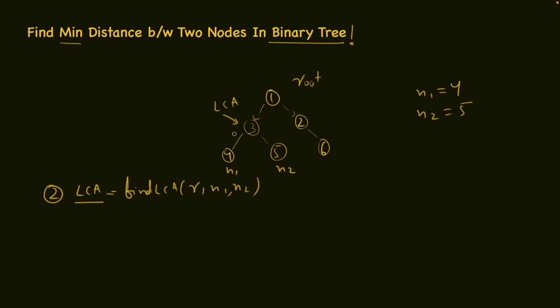Meaning from LCA you will find how many levels down you have to go to reach n1, and same for n2. But for us it is only one level down. So find the level from LCA to n1. This is going to be your distance 1, and distance 2 is going to be the level from LCA to n2.